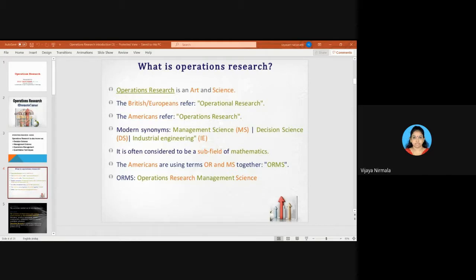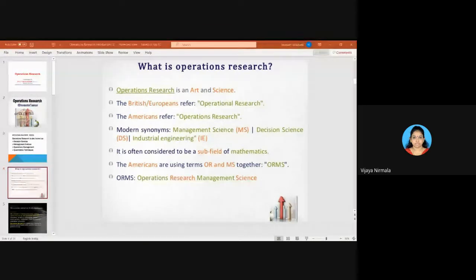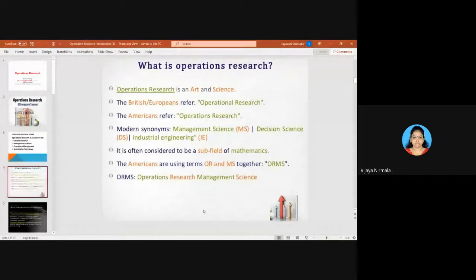In all things, whether art or science, we use operations research. Now I am telling you this class, and for this I am taking many examples. I am preparing how I have to convey to the students in an understandable way, right? So that is called operations.